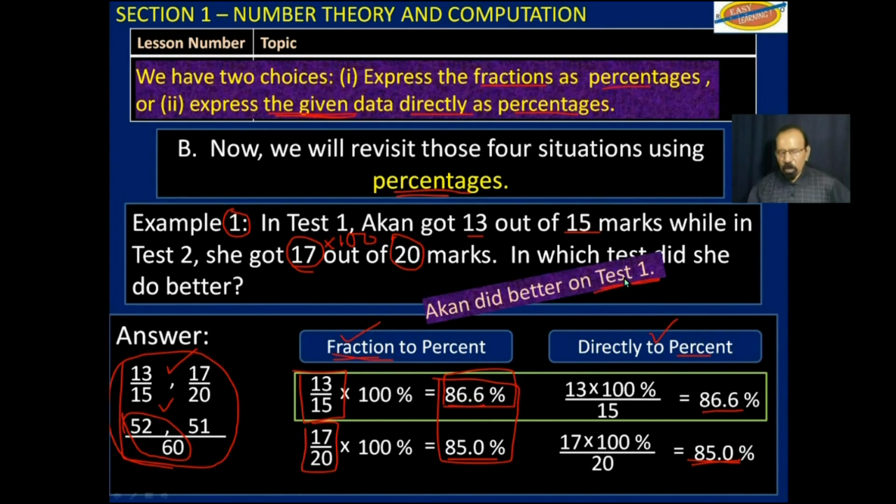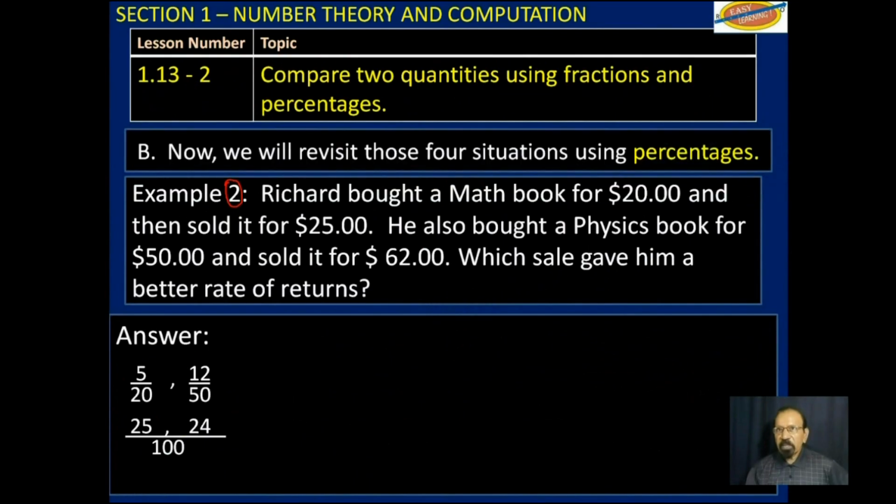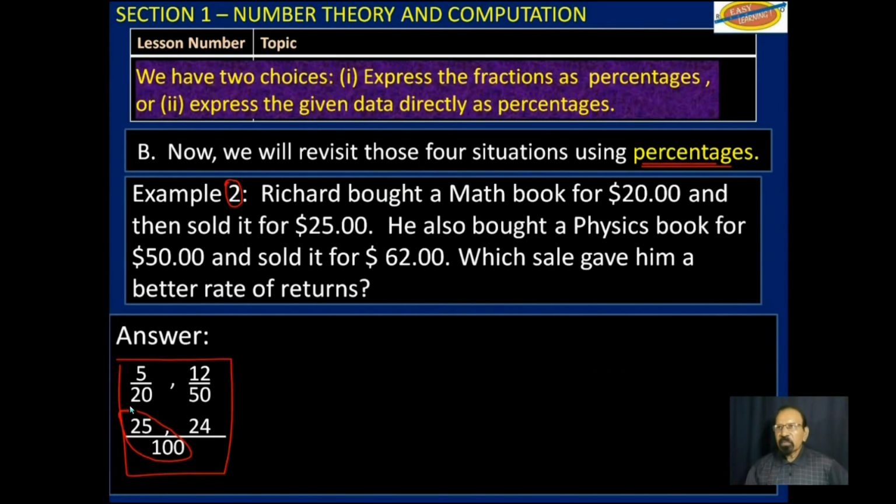So question 2, remember we are revisiting those questions, but this time we are doing that in terms of percentages. The fraction is already here. And we know that this one was actually the better situation. So as I said, you can express the fraction as percentages, or you can carry the numbers you are given directly to percentages.